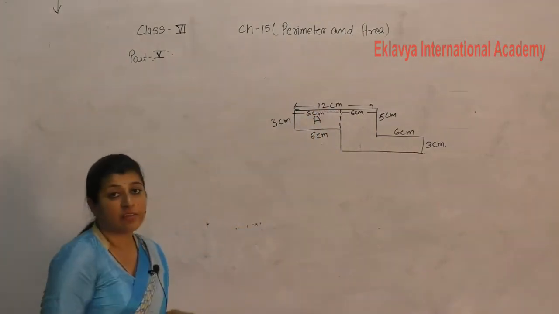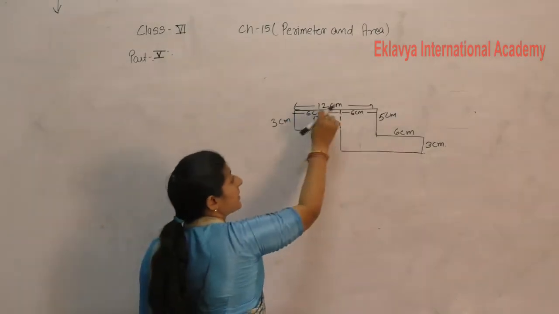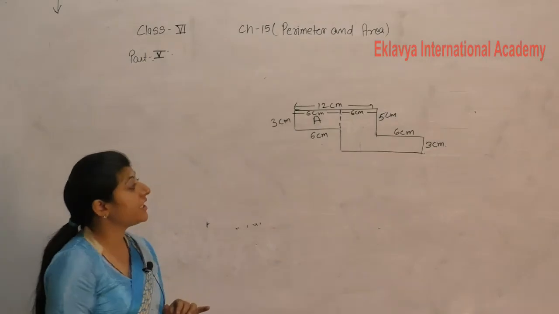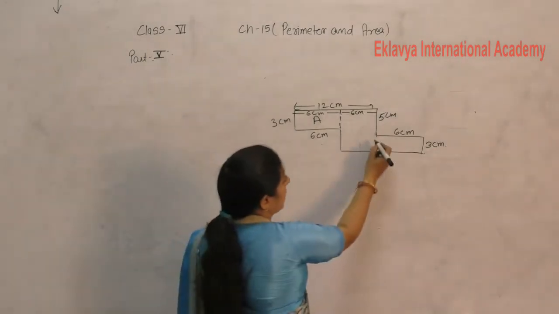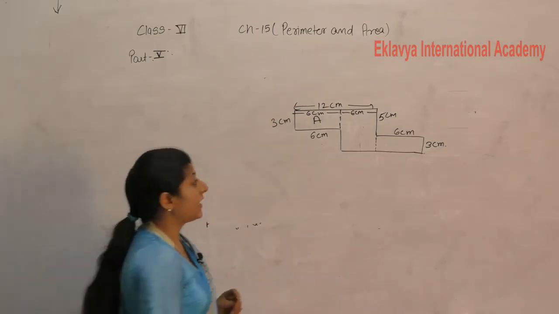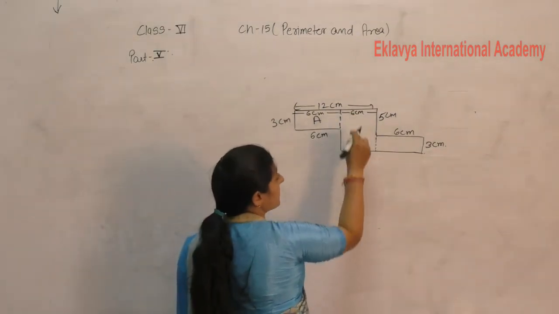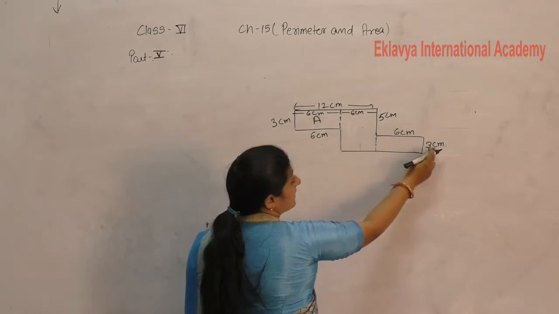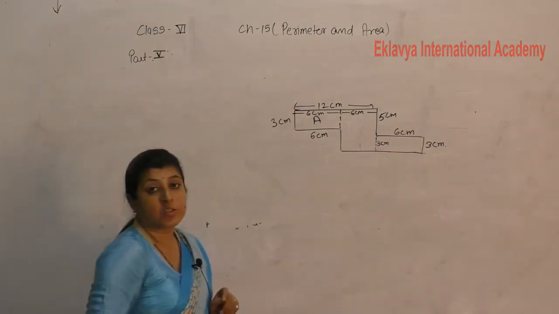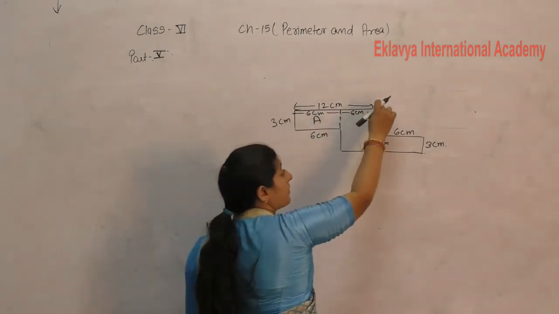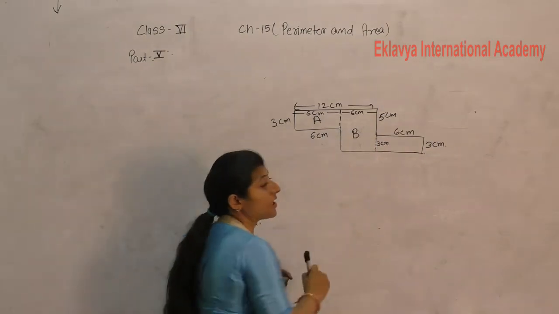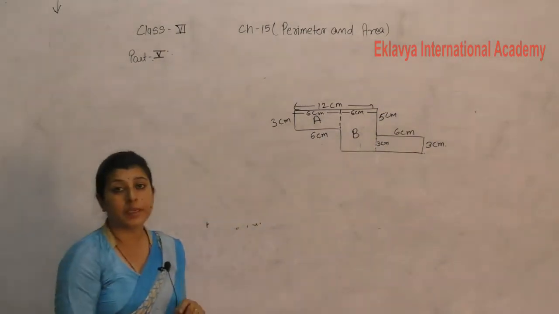So we have length 6 centimeter, breadth 3 centimeter, then we can find the area of A. Now see this one. I divide this figure, this 6 is given to you, this 3 centimeter, then this also 3 centimeter. So length becomes 6 centimeter, breadth becomes 5 plus 3, 8 centimeter. We can find out the area of figure B.